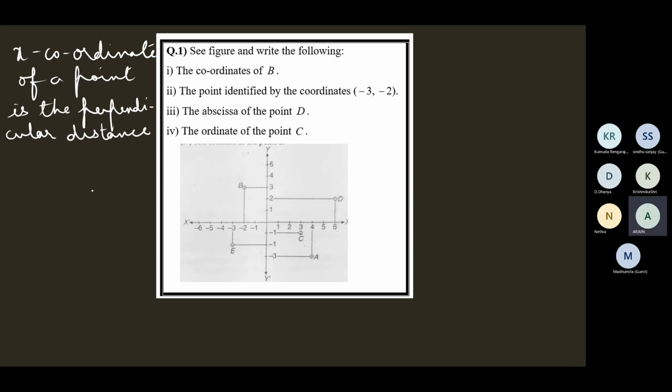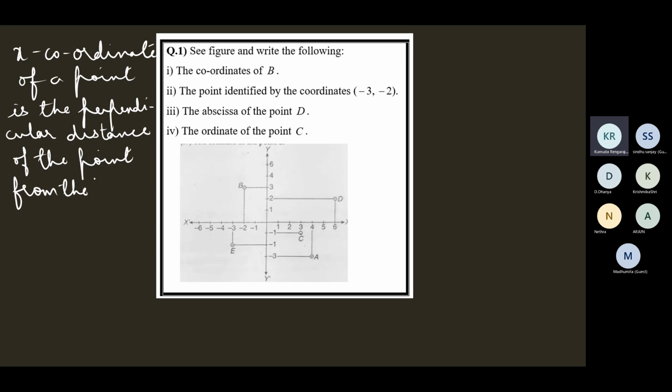How do we define the x coordinate of a point? It's the perpendicular distance to the y-axis. It's the perpendicular distance of the point from the y-axis. Very good. X coordinate of a point is the perpendicular distance of the point from the y-axis.